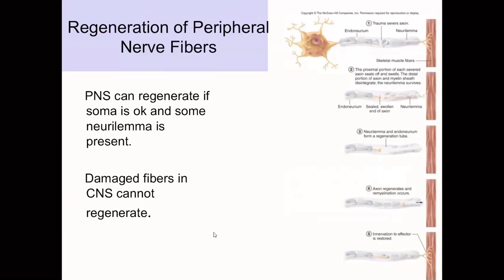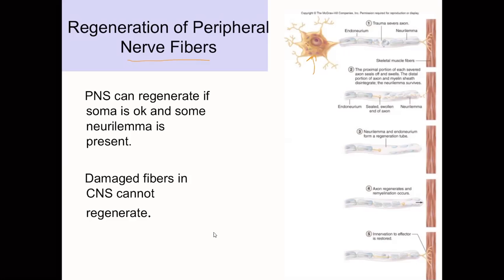Now, peripheral nerve fibers have been shown that they can regenerate. If the soma or the cell body is okay and some of the neurolemma is present, it's been proven that they can regenerate. It just takes a while.